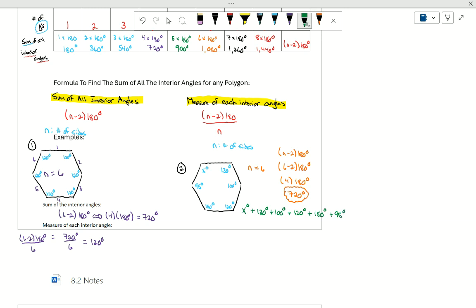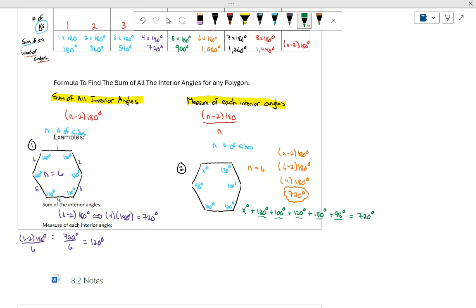All 6 of those angles will have a sum of 720 degrees. That's what that n minus 2, that 6 minus 2 times 180 degree formula tells me. And I use this equation, combining all of these like terms, to help me figure out the value for x.